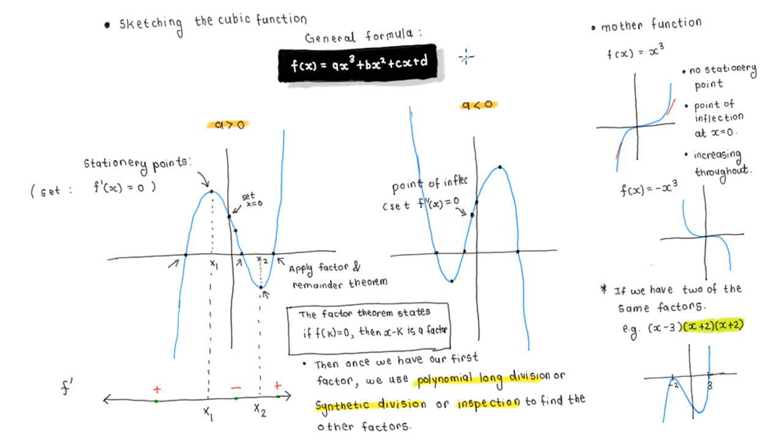Those x coordinates need to be then taken back into your given f of x formula to find the corresponding y values. And when you are looking for your x-intercepts, we apply the factor and remainder theorem. And once we've received our first factor, then it is your choice to use either polynomial long division, synthetic division, or inspection to find the other factors. And then your derivative number line basically gives you your intervals of increase and decrease.